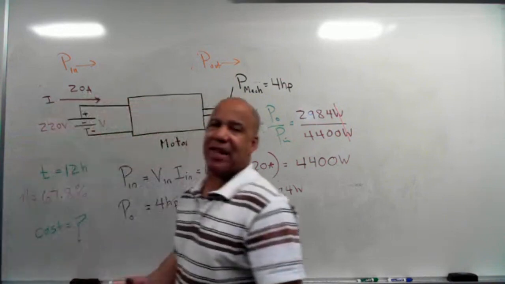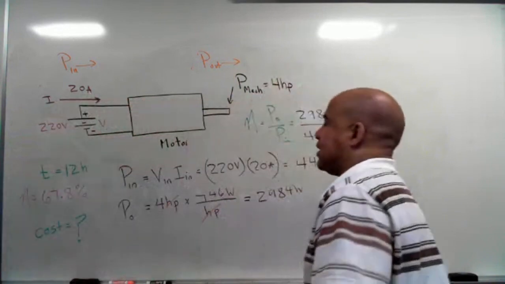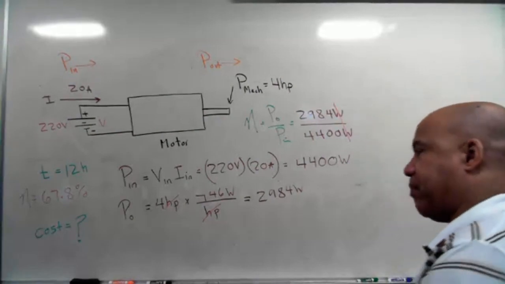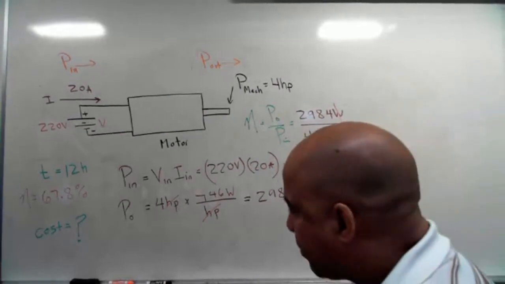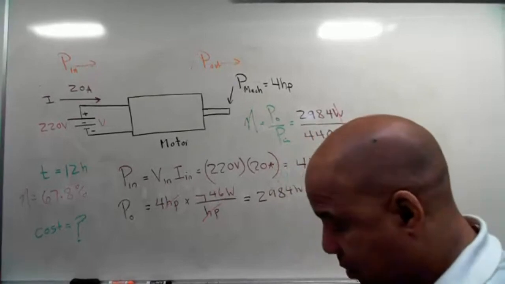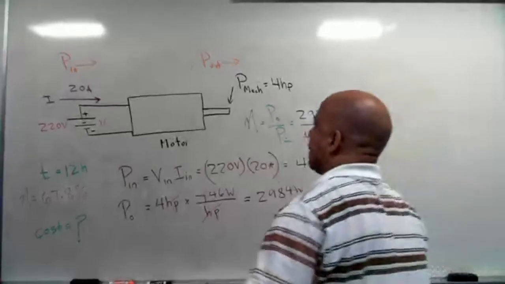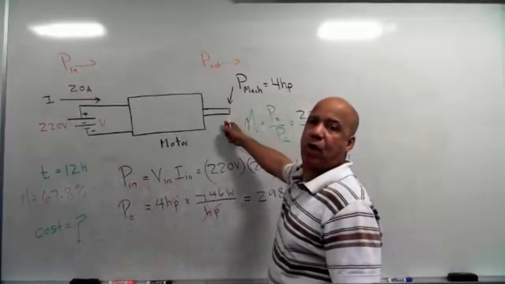What does that mean? When I say that motor is about 68% efficient, what am I saying? About 2/3 the energy you put in actually comes out as work on the other side. Exactly. About 2/3 of the energy I put in comes out as useful work.